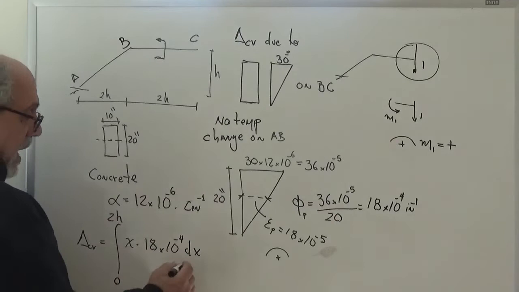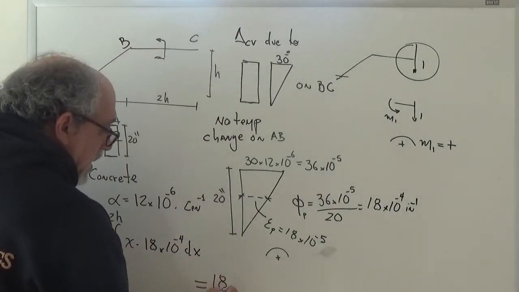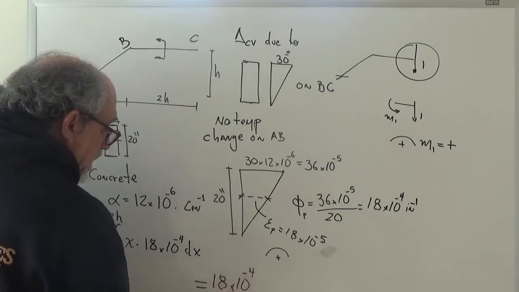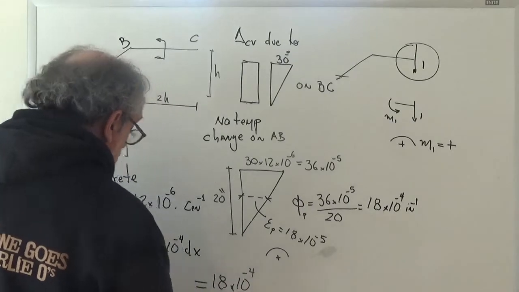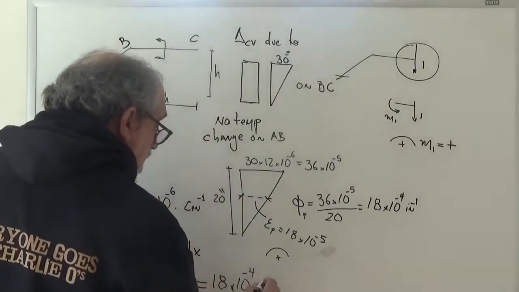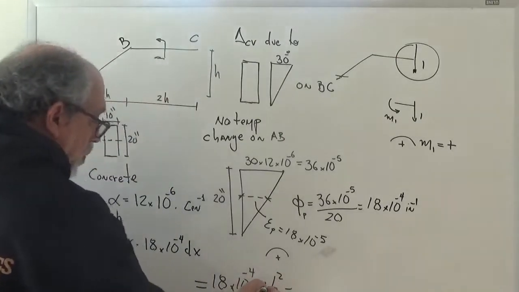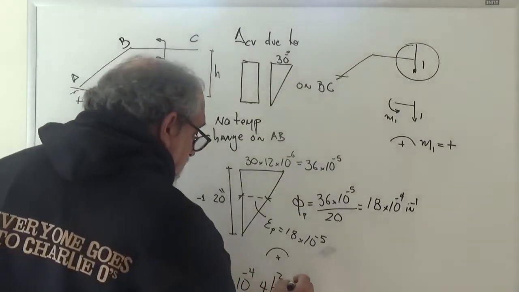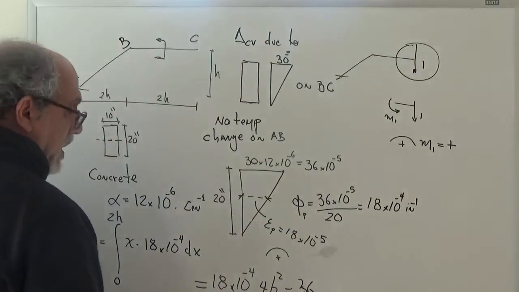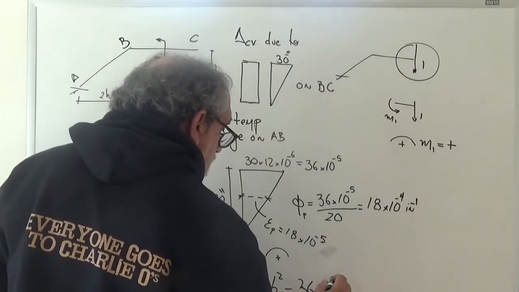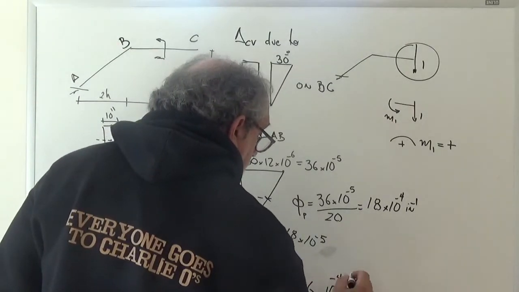And so our answer is 18 times 10 to the minus 4 times x squared over 2, and x squared over 2 is 4h squared over 2, which is 2, so 18 times 2 is 36. So 36 times 10 to the minus 4 multiplied times h squared, right?